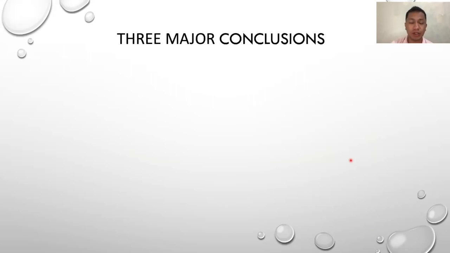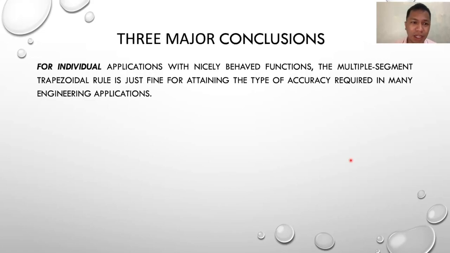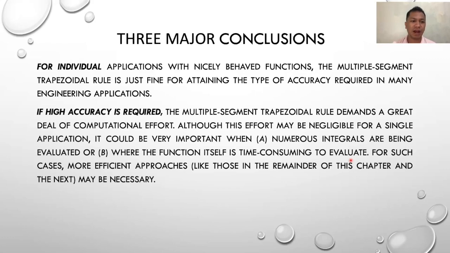So there are 3 major conclusions that can be drawn from the example. First, for individual applications with nicely behaved functions, the multiple segment trapezoidal rule is just fine for attaining the type of accuracy required in many engineering applications. Second, if high accuracy is required, the multiple segment trapezoidal rule demands a great deal of computational effort.